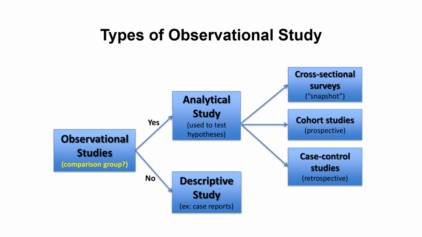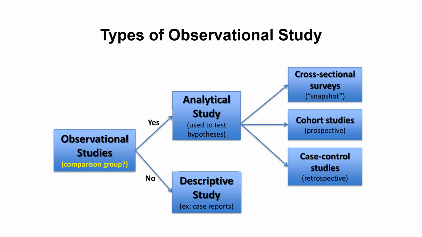Regarding observational studies, where the researcher is just trying to observe the subject, they are divided into two depending on the comparison group. If you don't have a comparison group, it is a descriptive study, for example a case report, where you're just describing a case.